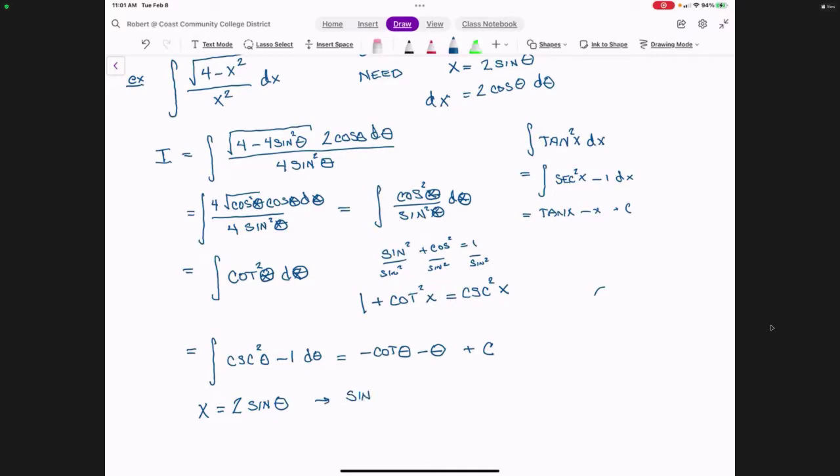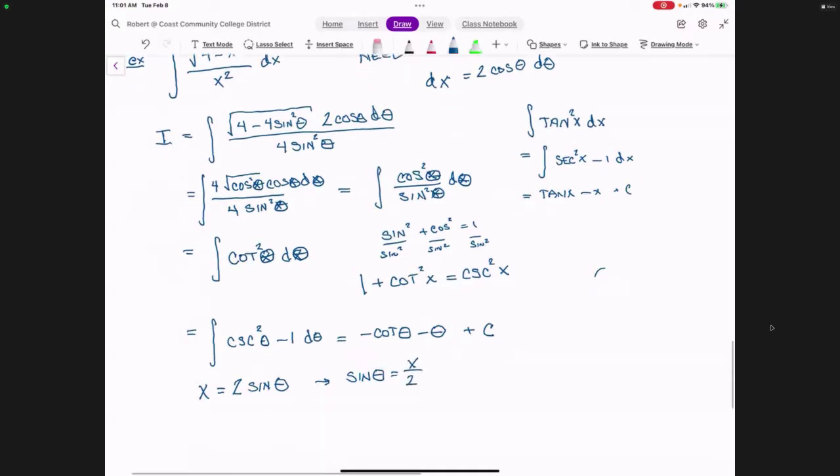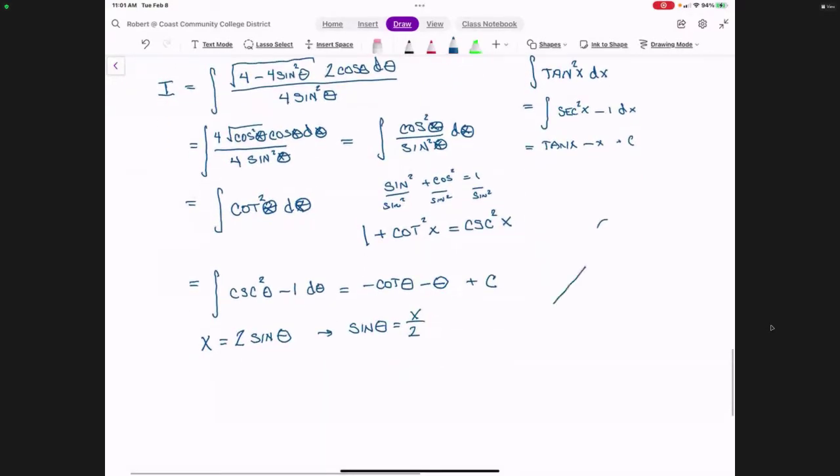So that means that the sine of theta is x over 2. So let's draw a triangle that has that in it.